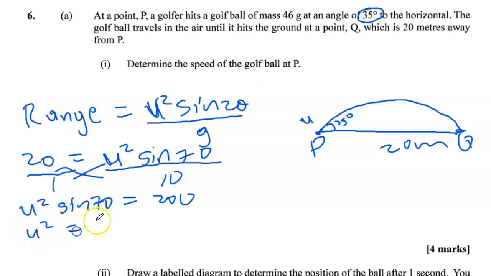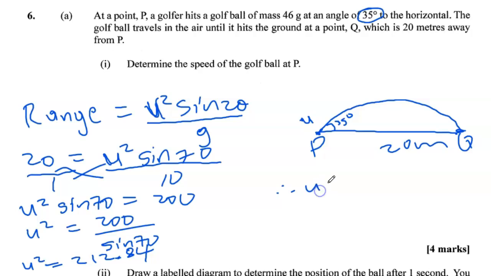So U square is equal to 200 divided by sine 70, which is 212.84.